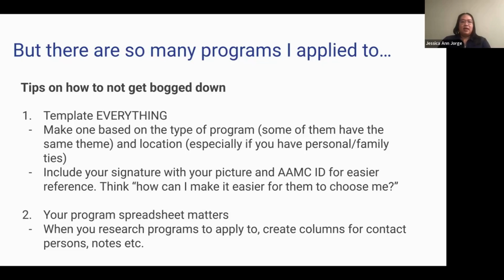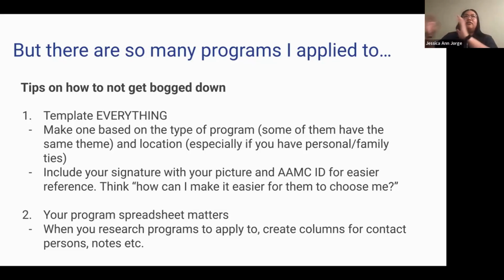I was able to decipher which type of program I could categorize them in: if they were community based, if they were university affiliated, if they were within a location that my family or my significant other was, or whichever kind of detail in my CV would allow me to make my letter of interest tailored to them.